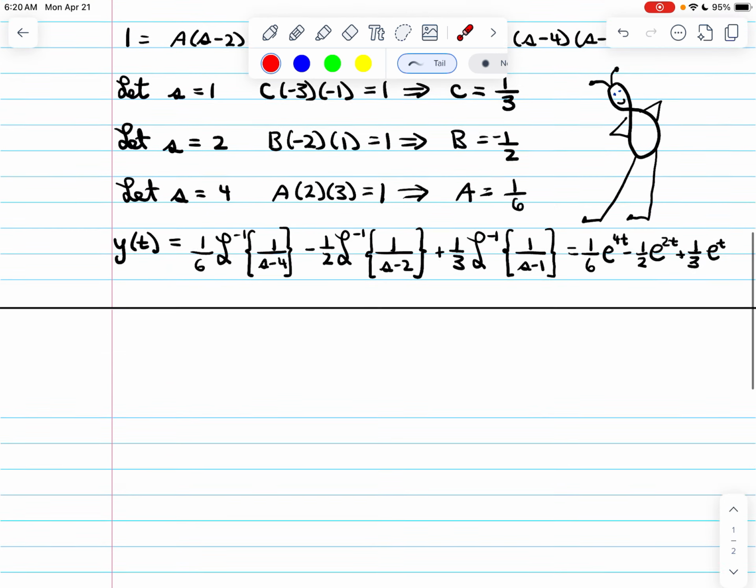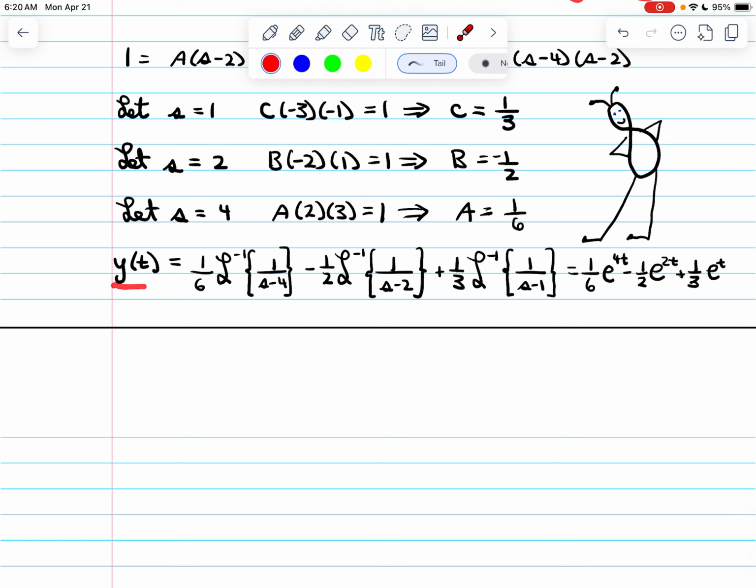So here I go. Here's y of t. I've got 1/6 inverse Laplace transform of 1 over s minus 4, negative 1/2 inverse Laplace transform of 1 over s minus 2, and 1/3 inverse Laplace transform of 1 over s minus 1. And we get these in turn, each one of these.